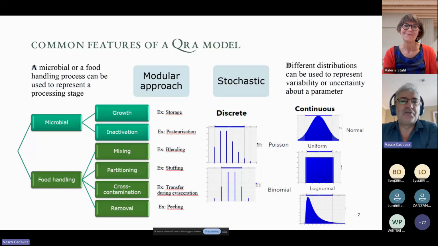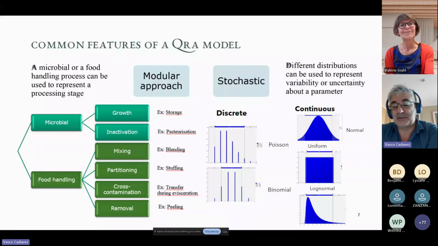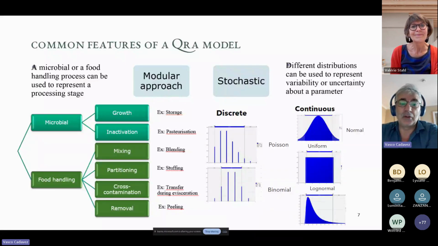Okay, and the common features of these QRA models, if you take a look at this model approach, we can model microbial growth and inactivation, depending on the stage that we are at. If you store the food at environmental temperature, the microorganism can grow.